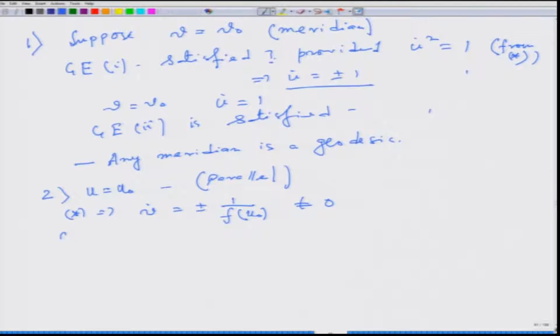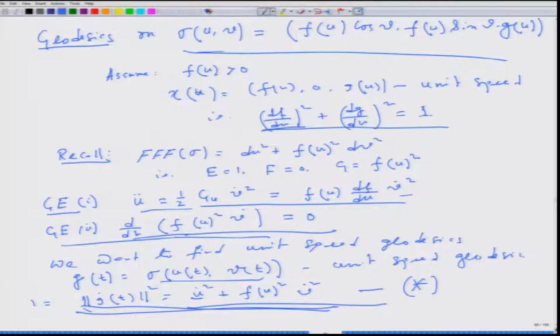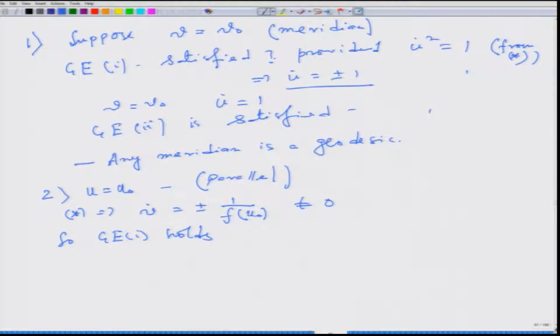So, when does G1 hold? Look at G1: v dot square equal to 1 by f(u) square, u dot equal to 0. So, G1 holds if and only if df/du has to be 0. That is, if and only if f(u) is constant, but this constant has to be f(u naught), because I have fixed u to be at u naught.